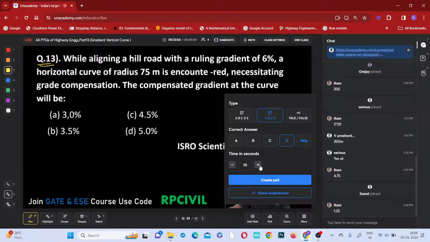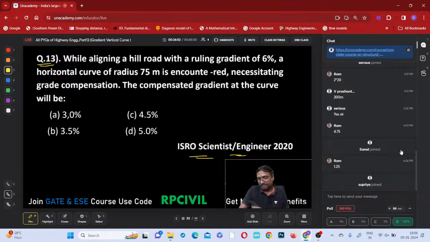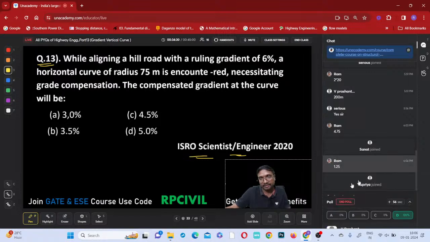This is an ISRO question. I am giving 90 seconds. 12th question done, now answer the 13th question. Special class, Prashant Ram, Kalyani all answered correctly.